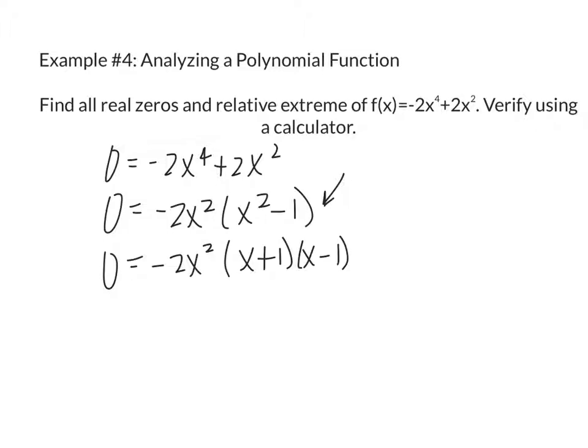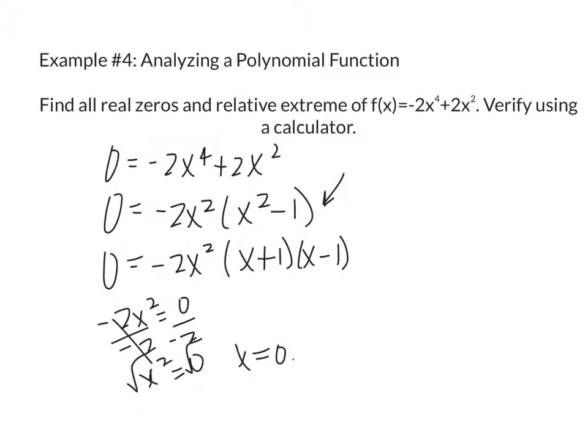Okay, this one here, if I set negative 2x squared equal to 0, divide by negative 2, I get x squared equal to 0. And if I take the square root, technically there are two solutions, and the square root of 0 is going to be 0 and 0. So I have x equal to 0 twice. On the next slide, you'll see why.